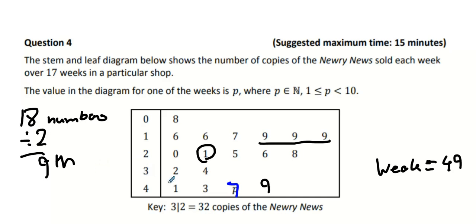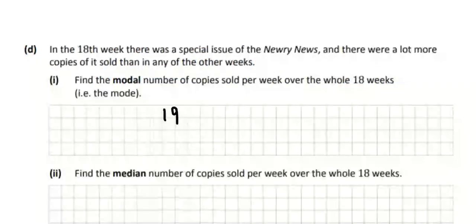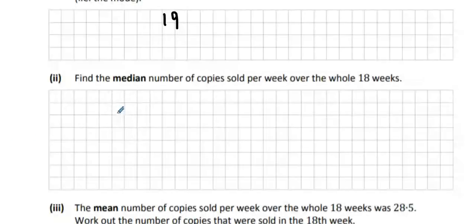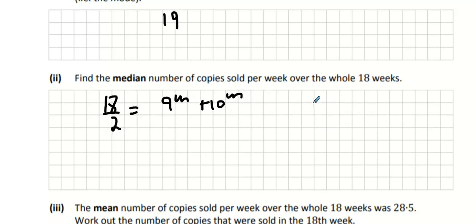So we need the 9th and the 10th. So it's going to be 21 and 25 respectively. Got to get the average of the two of them. So we put in our work here: 18 divided by 2 is 9, the 9th plus 10th, 21 plus 25 are the two numbers. You divide them by 2 and you get a median of 23.